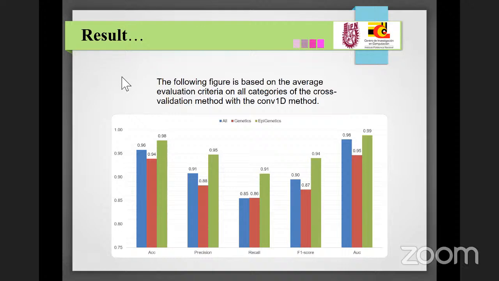Yes, here. As you mentioned, you are going to compare the results between genomic and epigenomic. But what I see in the figure is genetics and epigenetics. Are they the same or is there any difference between them? Yes, genomic refers to a study of an organism's complex set of genes.